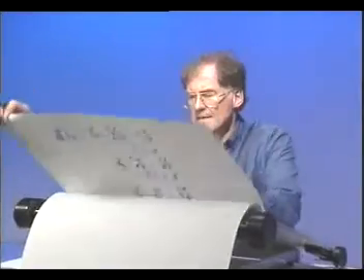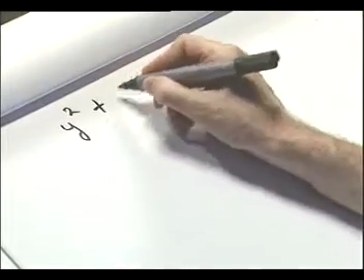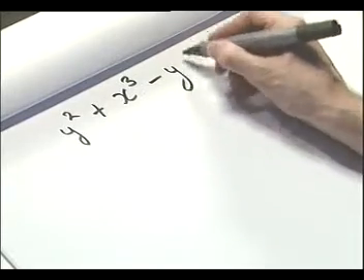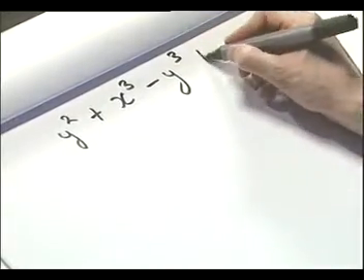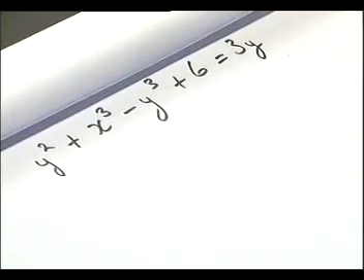For now, let's have a look at some examples. We'll begin with this one, y squared plus x cubed minus y cubed plus 6 equals 3y. We want to differentiate this with respect to x.